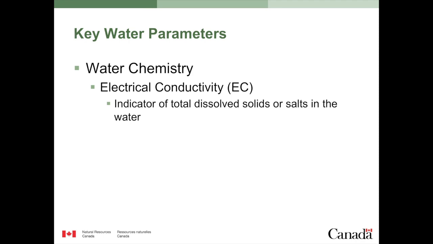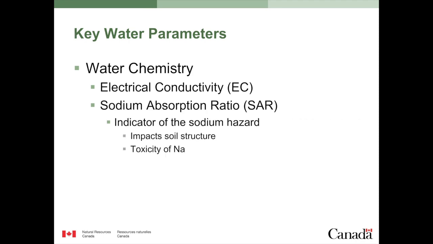The other element is sodium adsorption ratio, SAR, which is the amount of sodium relative to calcium and magnesium in the soil. Sodium causes several problems. First of all, it's toxic to plants. And the second one, it really mucks up your soil physical properties.